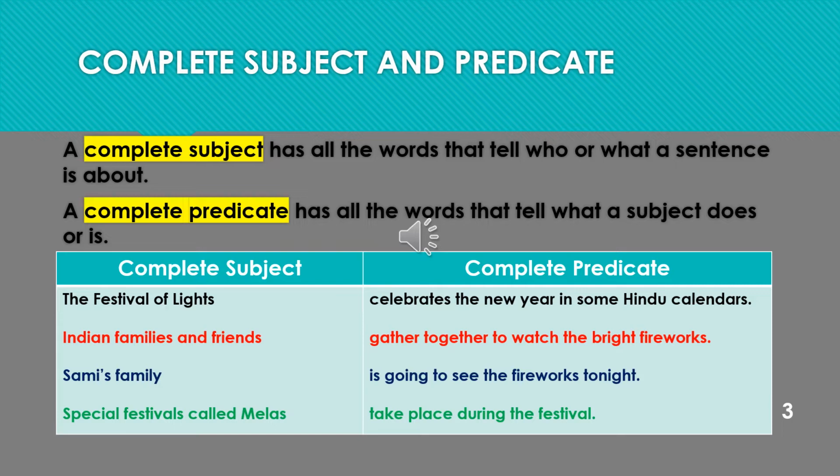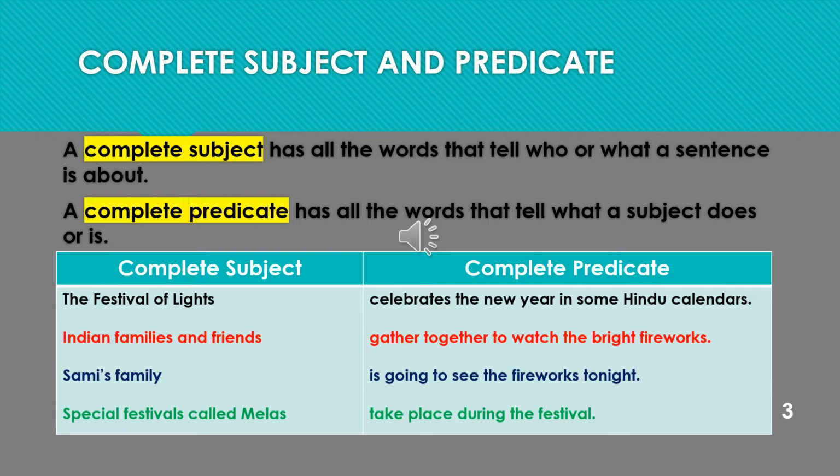The first one, the Festival of Lights celebrates the New Year in some Hindu calendars. The complete subject is the Festival of Lights. The complete predicate is celebrates the New Year in some Hindu calendars.